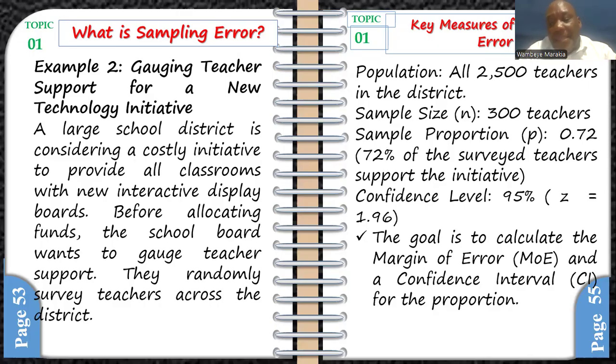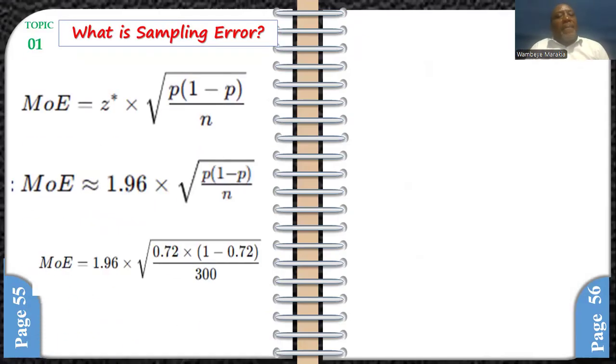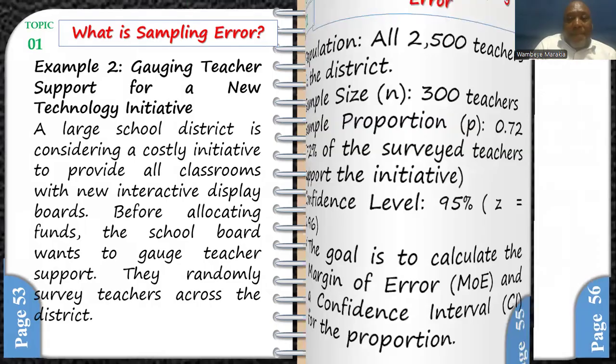How do we proceed? The first thing is to calculate the MOE, the margin of error.